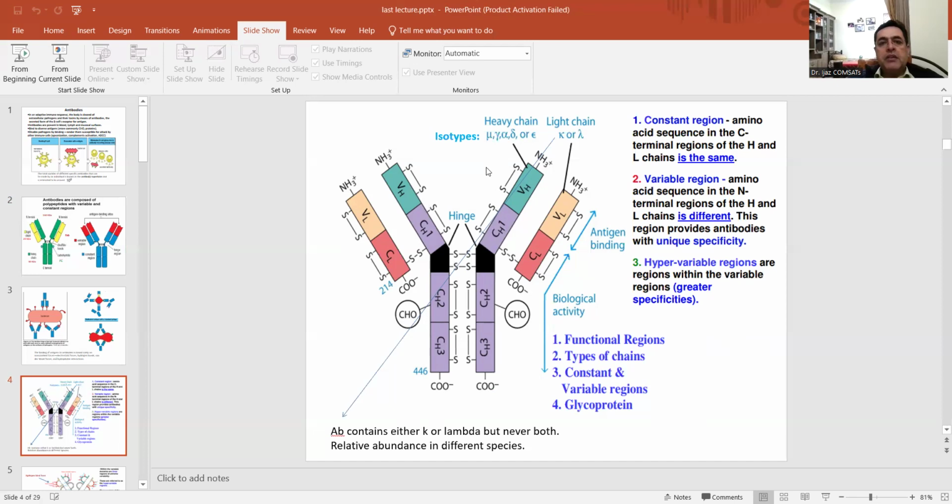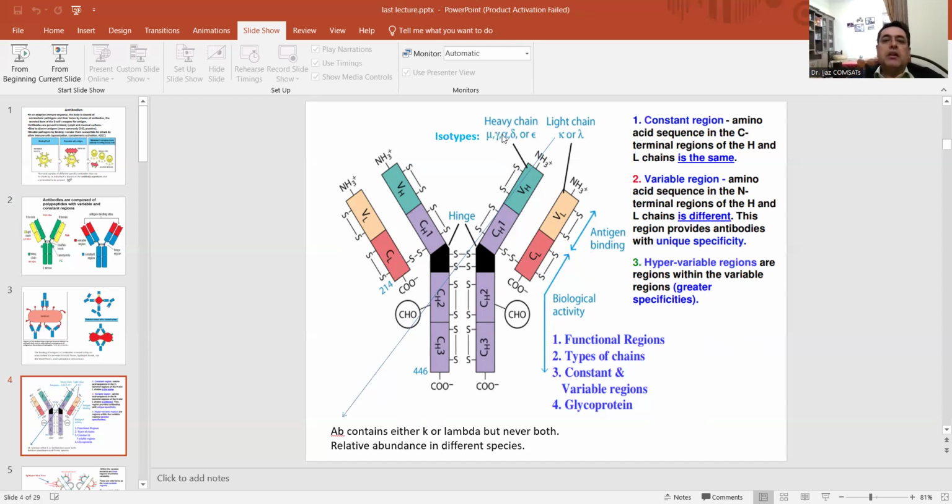Now, this heavy chain, you see that there are different isotypes of the heavy chains. So an antibody can have, for instance, isotypes of the light chain, kappa or lambda, and similar is the case with these isotypes of the heavy chain: mu, gamma, alpha, epsilon.